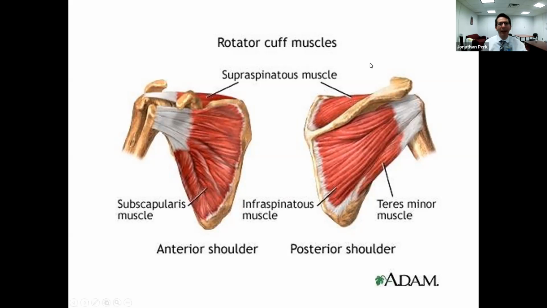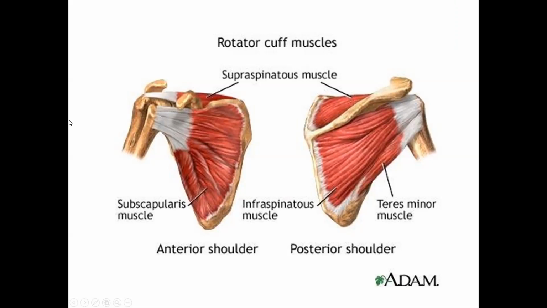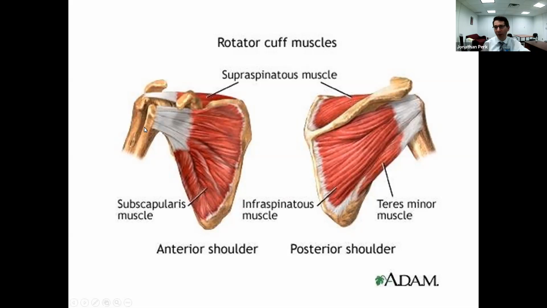So here we have the muscles that are under the group of the rotator cuff. Okay, I'll show you this in a table. And we have here all the muscles that we already mentioned. So we have the supraspinatus, innervated by the suprascapular nerve.